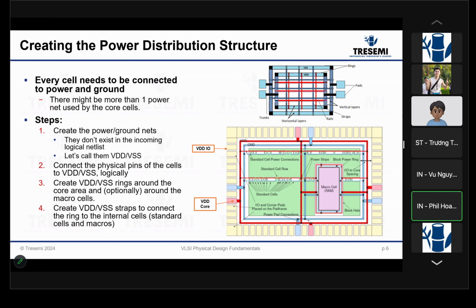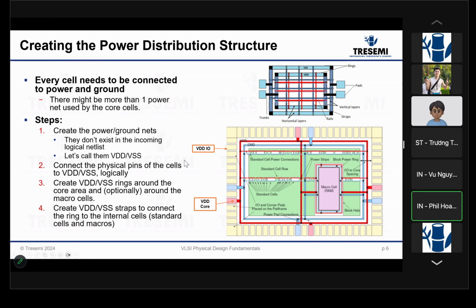In this case, we only have one for the core. We call them VDD and VSS. Sometimes they call it VDD core or VCC, whatever, but in our documents, we call them VDD and VSS.